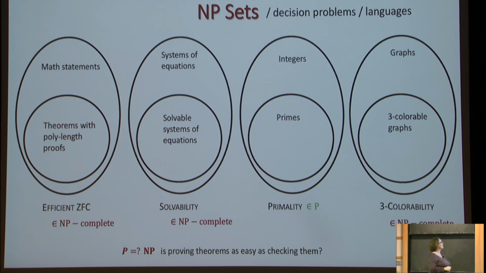Okay, one last thing is that sometimes people refer to these NP sets in other terms, maybe decision problems or languages. So maybe you've heard that. These are all just sets. Just to answer his question, that is a form of theorem proving, in that efficient term, ZFC, I think is what we said there.